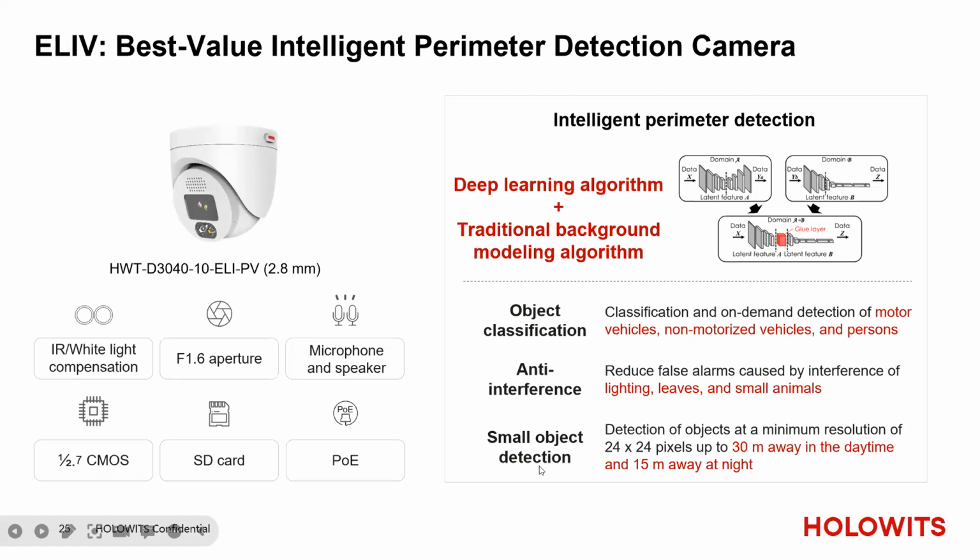It also supports small object detection, with a minimum resolution of 24x24 pixels, up to 30 meters away in the daytime and 15 meters away at night.